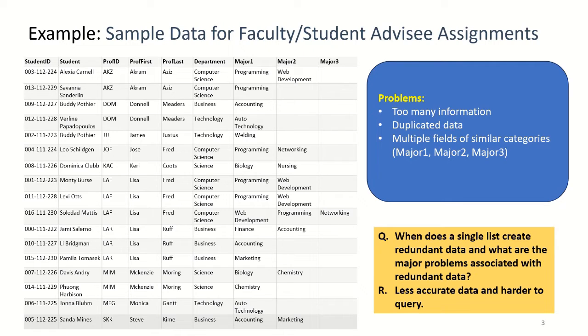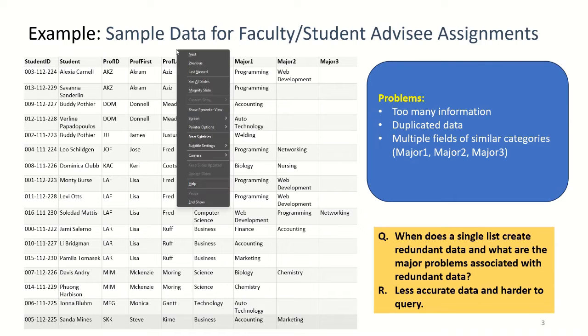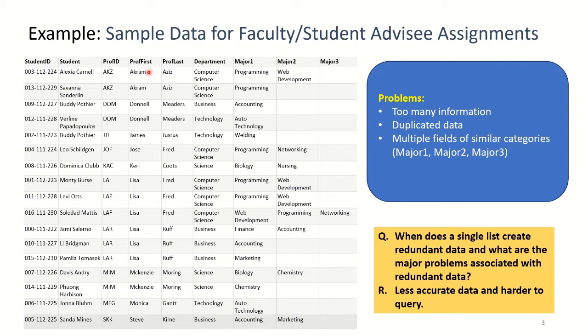The third column is a unique value for each teacher, an attribute named Prof ID, and then you have the first name, last name, department, and then you have the measures for the student.